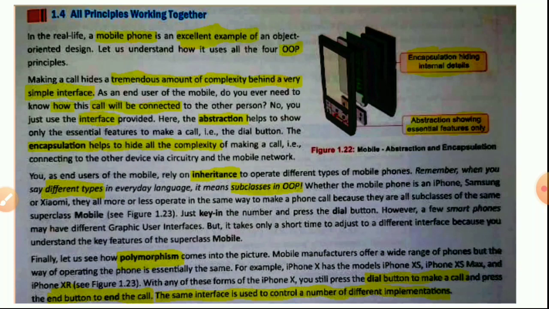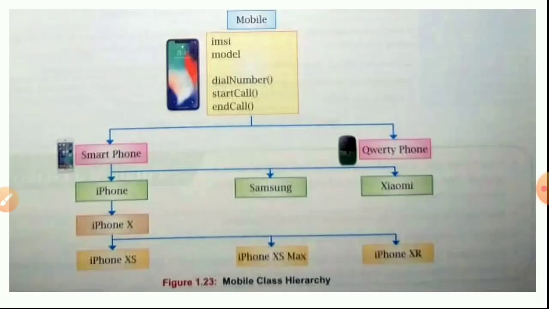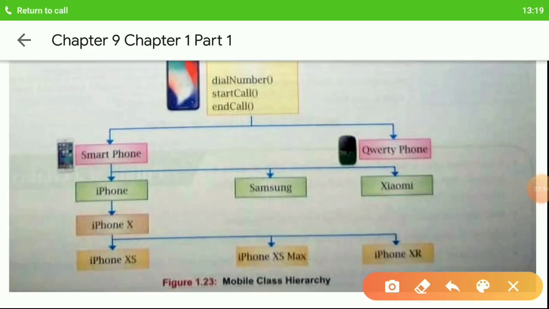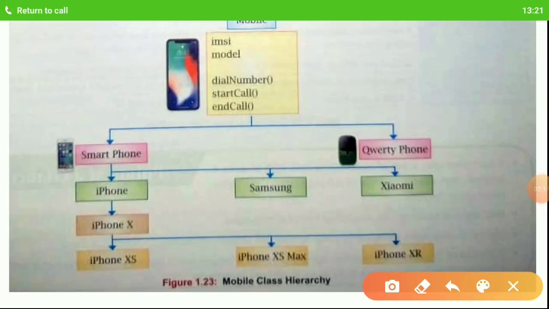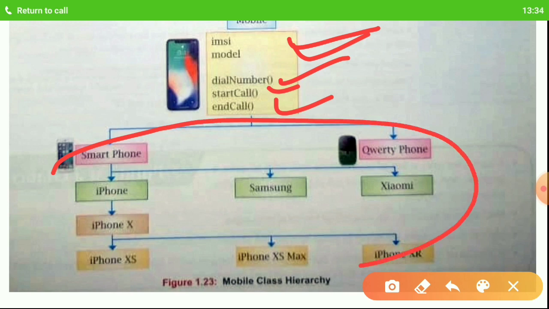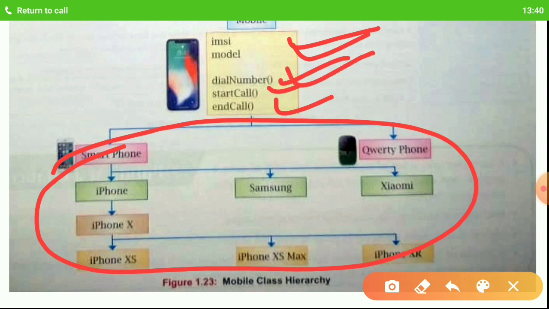The next point is inheritance. For inheritance, let's see the picture here. So we have got the base class, the mobile class here. This mobile class has got three functions: dial number, start call and end call. All the child classes here will by default have these features, isn't it? Dial number, start call, end call.